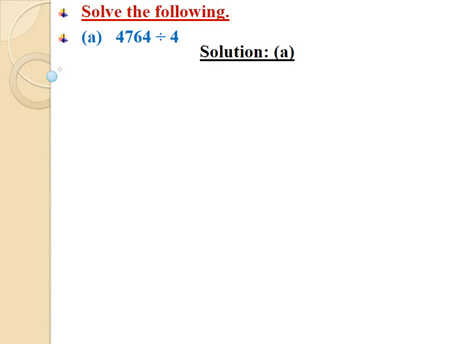Students, we also know that answer in division is called quotient. So, now let us divide the given number 4764, which is called dividend, by 4, which is called divisor, and solve sum A.